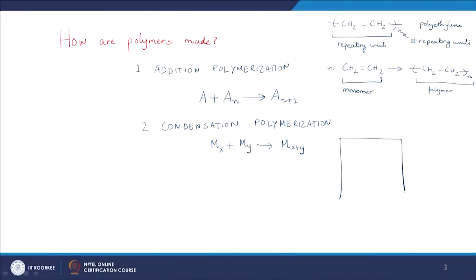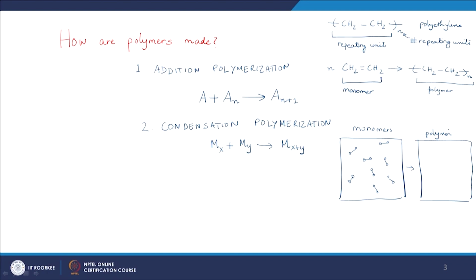what you can imagine, and I am looking at the physics aspect of things, is that in the very beginning you have monomers in the system, whatever the beaker or the reactor that you have. So you have small monomers, they look something of this sort, and then they do react, there is a polymerization taking place and we form a polymer.